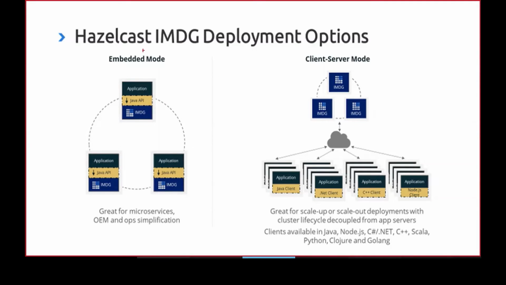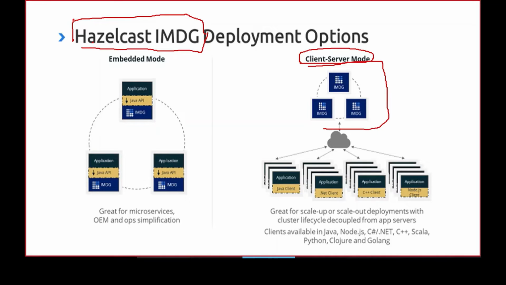So if you want to deploy a Hazelcast IMDG cluster, there are 2 deployment options. One is client server mode, that is, build a cluster of Hazelcast IMDG servers, that is member 1, member 2, member 3. They are running independently, right?